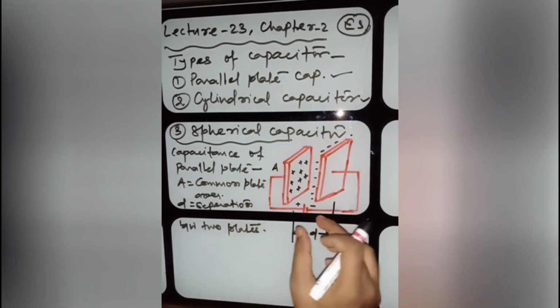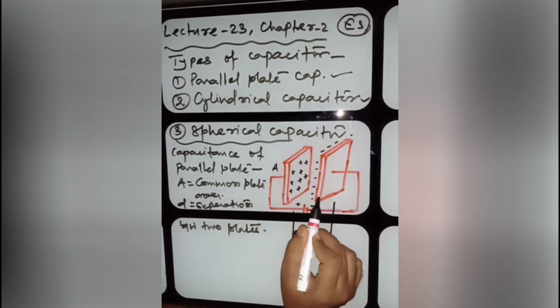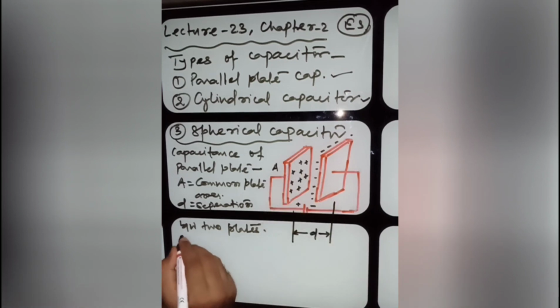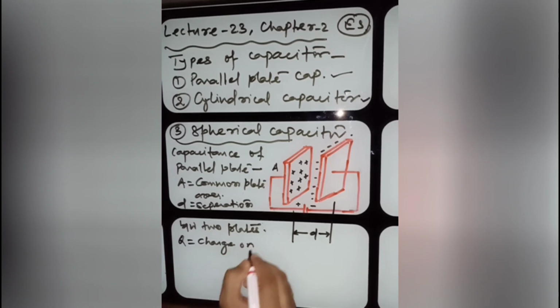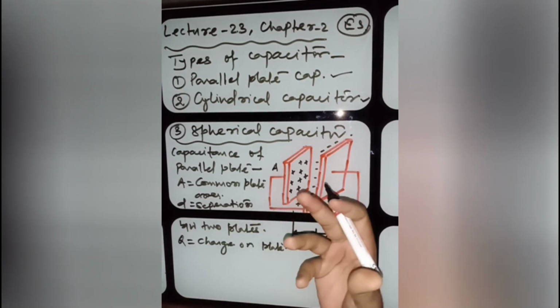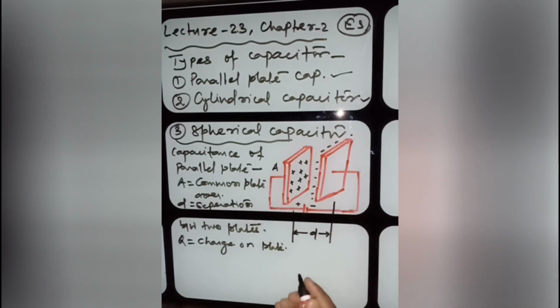That is the separation between these two plates, the small d. Q will be the amount of charge on plate. You can use sigma also, but here in derivation we will not use sigma. That's why I'm not writing here the sigma. This battery will provide potential difference delta V, or this can also be written as V. This will give you the potential difference.